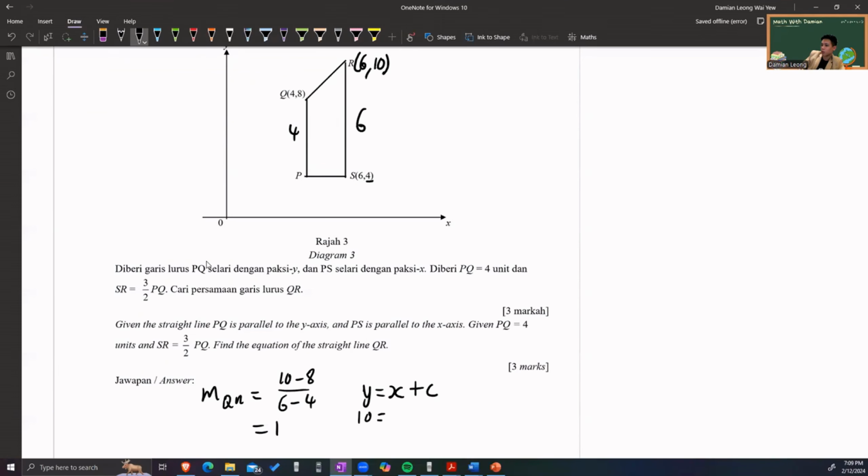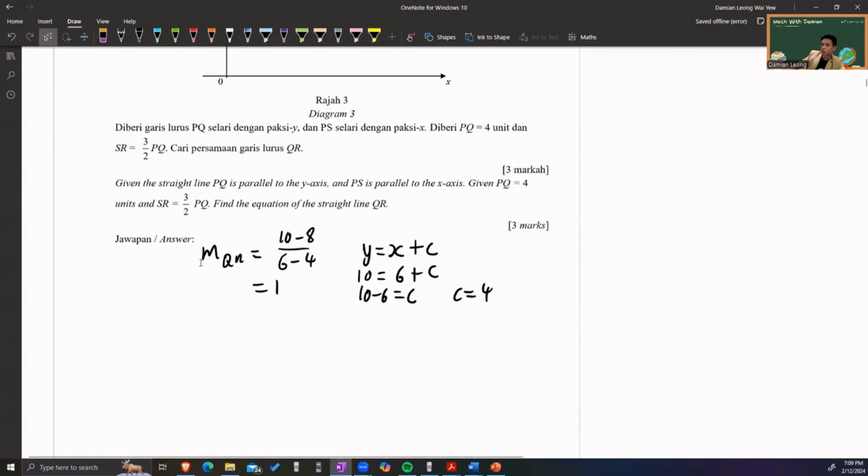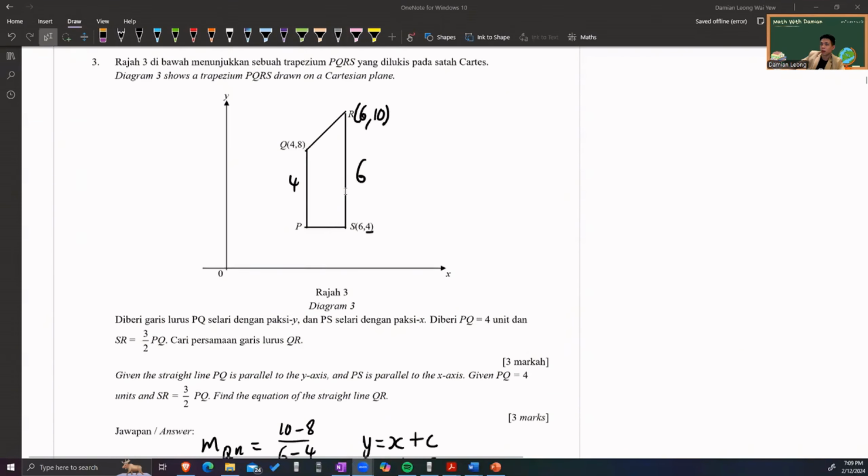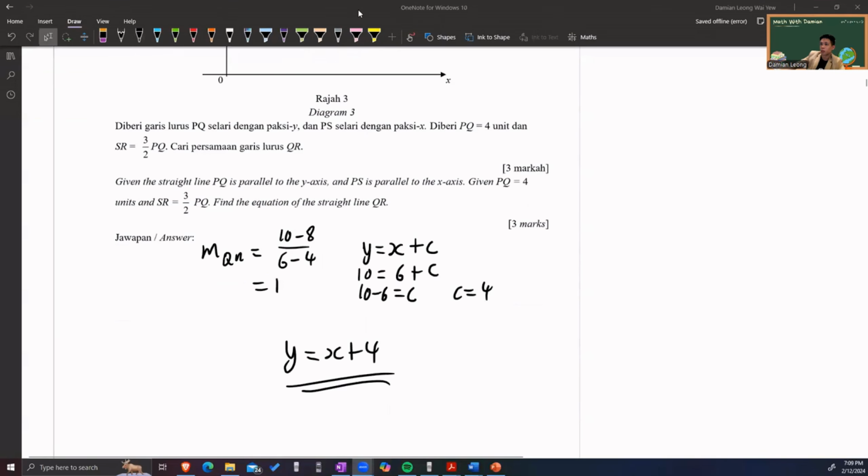Let's say 10 equals 6 plus c, 10 minus 6 equals c. If I put 8 and 4, 8 equals 4 plus c, 8 minus 4 also, we will get c is 4. So we have the m, we have the c, y equals x plus 4. That's the equation of straight line QR. That is question 3.